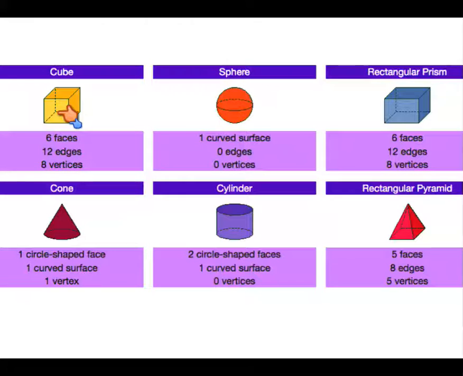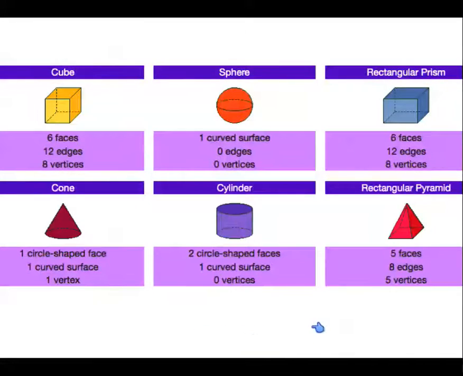It will have edges. It'll have 12 edges. Okay, that's where the sides come together. And it will have vertices. That's where all the edges come together and make little points on the sides, on the edges. 1, 2, 3, 4, 5, 6, 7, 8 vertices.